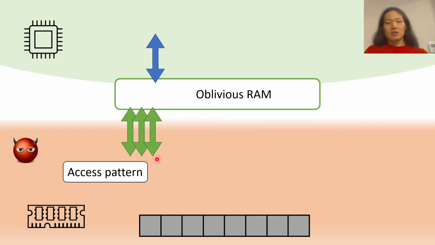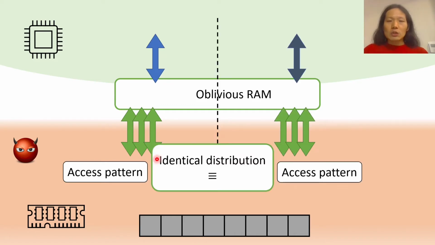The physical accesses are observable by the adversary. To ensure security, we require that for any sequence of logical operations, the ORAM translates it into the same identical distribution of physical accesses. If we can do so, then of course the adversary can learn no information about the input data, the logical operations. This is a very strong notion of security. We call it a perfect oblivious RAM.